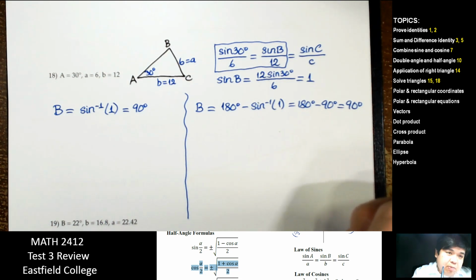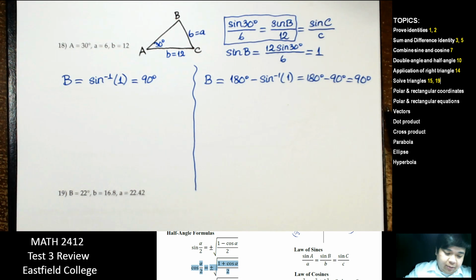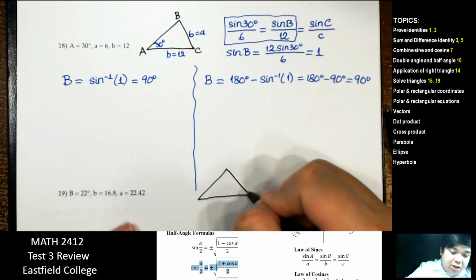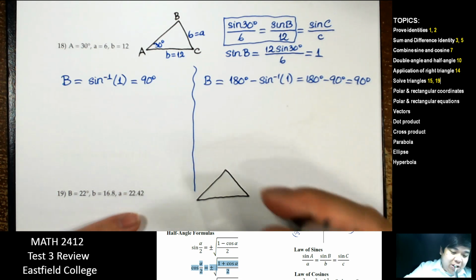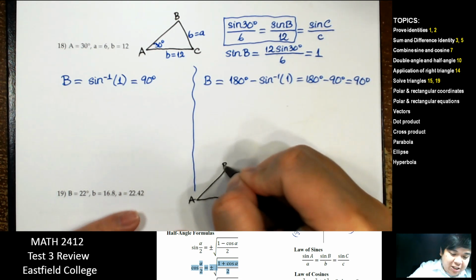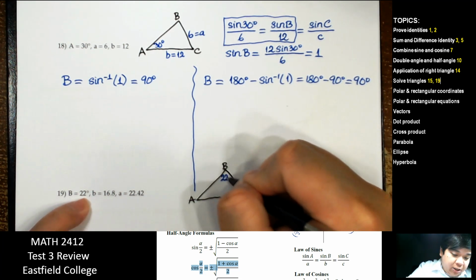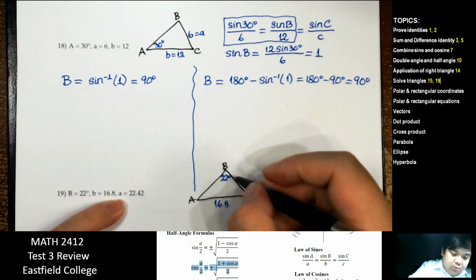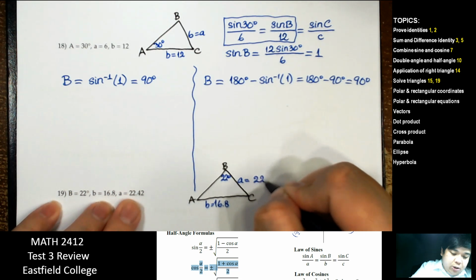So instead of doing that, we do 19 instead. Right. This one is a little less special. This one we do have the 90 degree, which is the right triangle, and there's nothing. It is a special case. Right. We know angle B is 22 degrees and side b is 16.8, and opposite to A is 22.42.